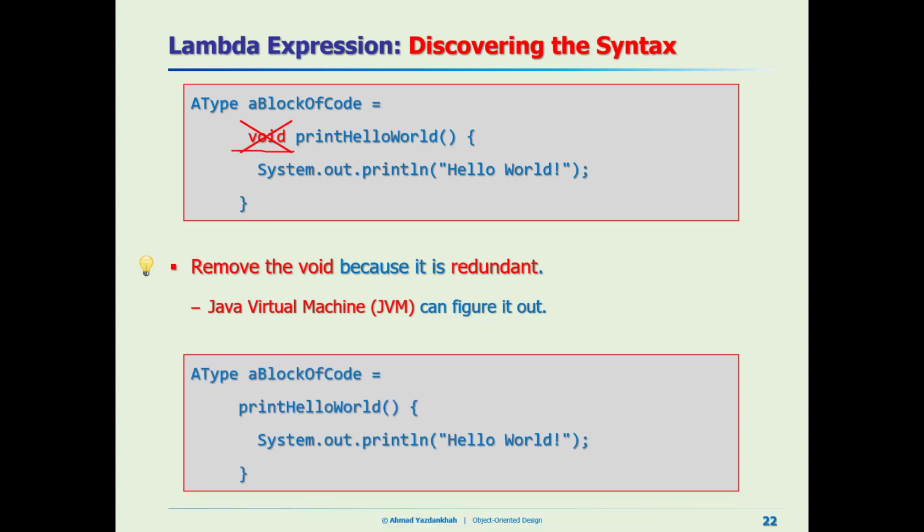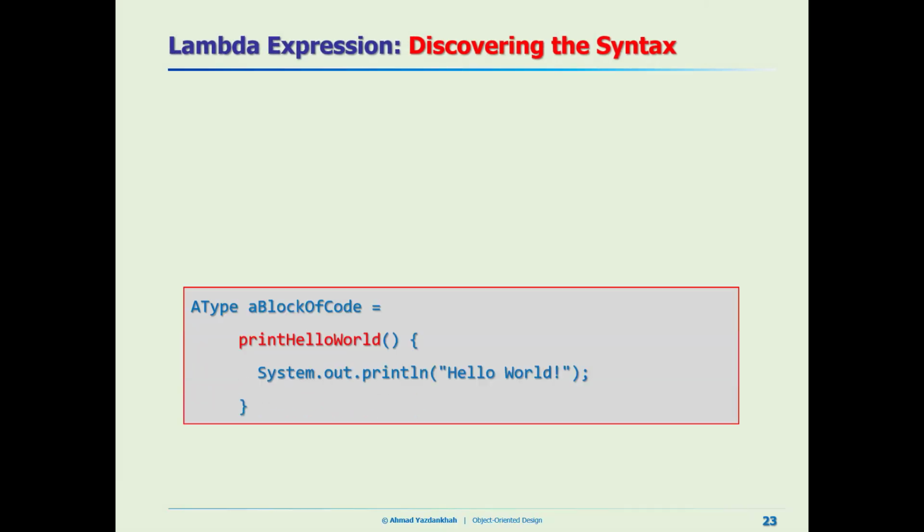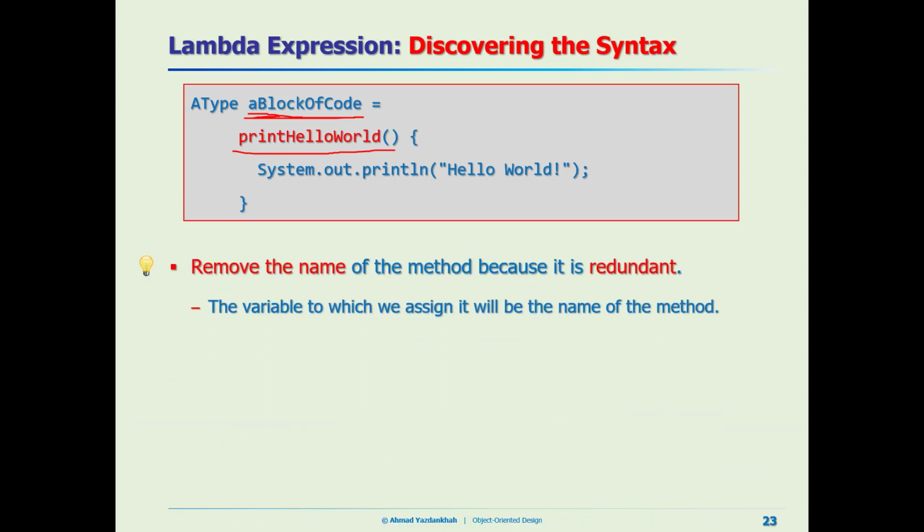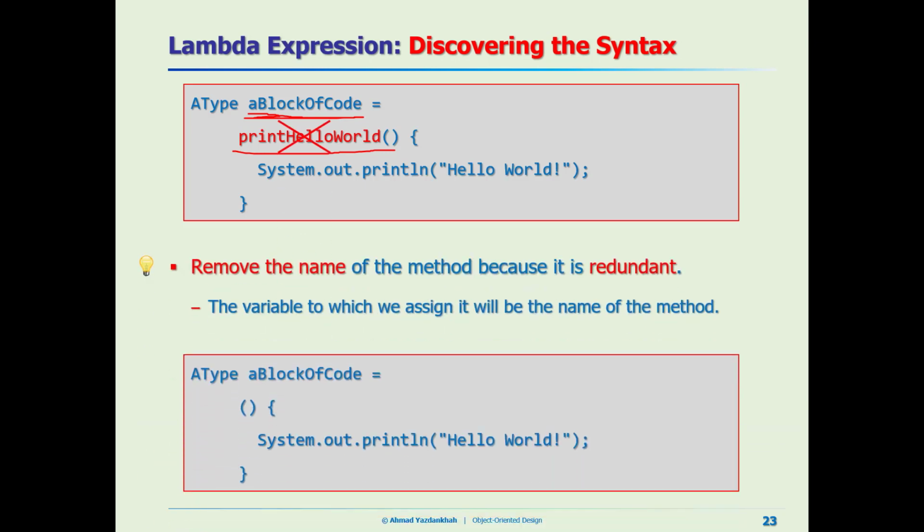What else can we remove? The name. This name is redundant too. The name from now on will be this variable, right? So we don't need this printHelloWorld anymore. Let's remove that as well. So we got it like this.